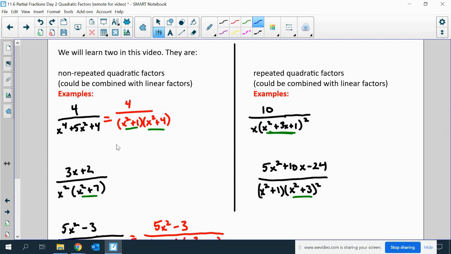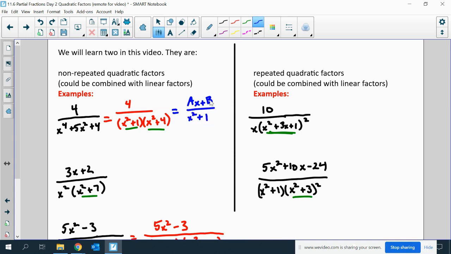The slight difference is that anytime you have a quadratic term in the denominator, instead of just writing a constant in the numerator, you have to write a linear term and a constant term in the numerator.